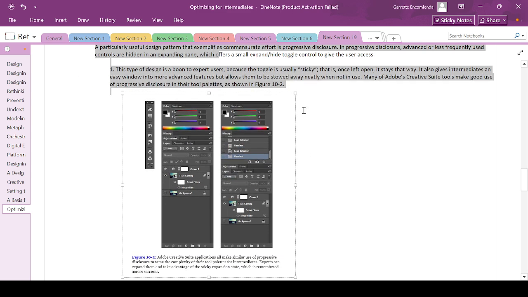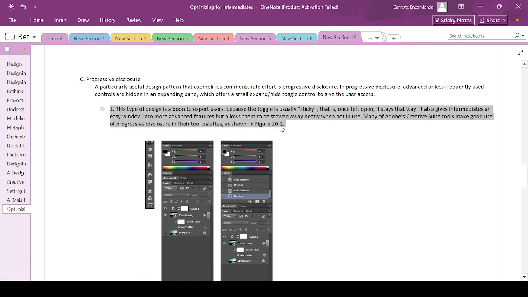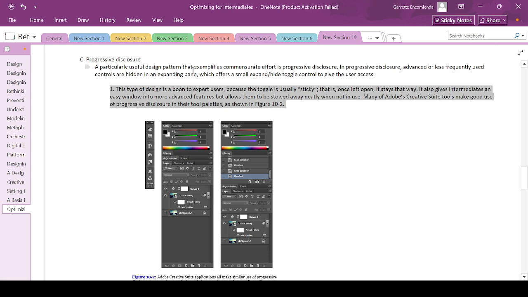We have discussed these details for this interface tremendously. We're just not discussing them in view of this pattern or principle of progressive disclosure. This type of design is a boon to expert users because the toggle is usually sticky. Thus, once left open, it stays that way.